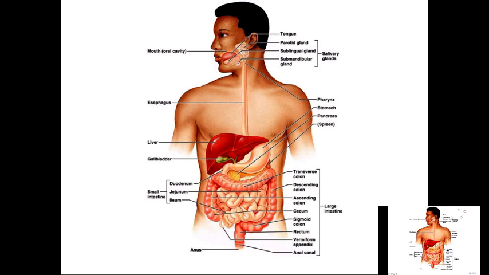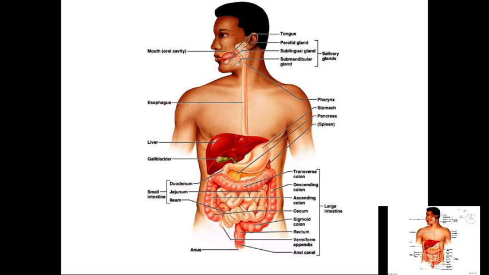We have cranial nerve 9, which is the glossopharyngeal nerve, and that is for the taste of bitter to the back of the tongue. 9 is also involved with swallowing, the muscles behind the throat. We have cranial nerve 5, the trigeminal nerve, for pain and temperature to the tongue, and also muscles of mastication.